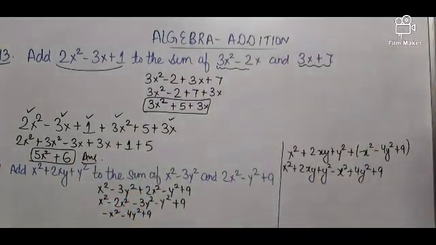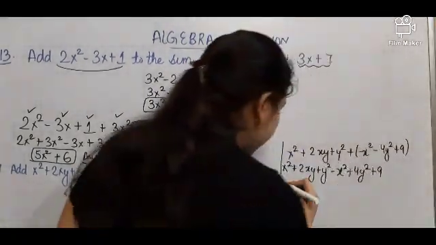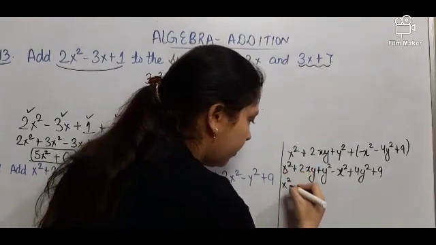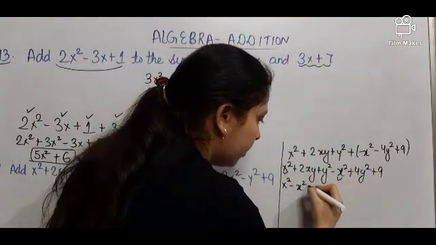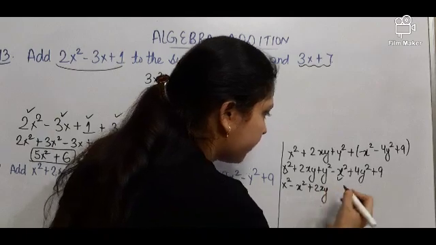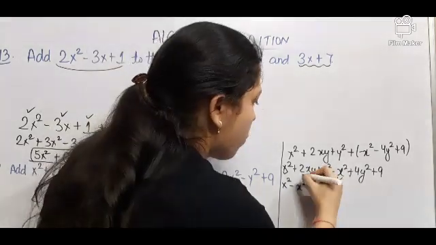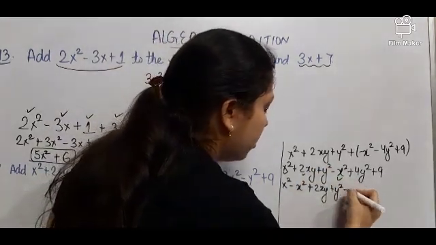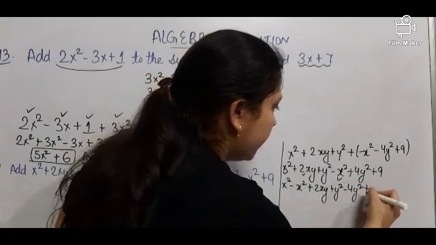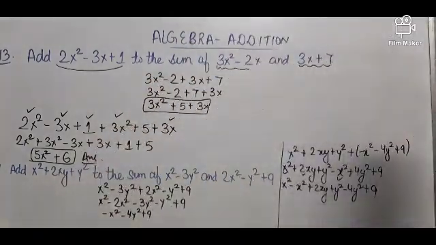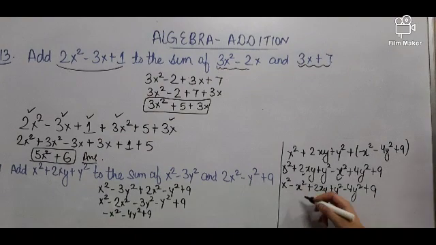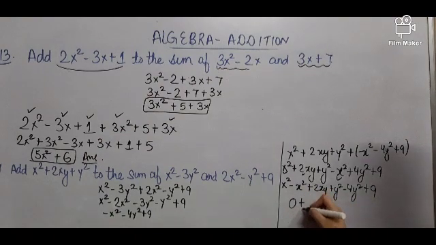Okay, now write all the like terms together. So x square minus x square, then plus 2xy, then plus y square minus 4y square plus 9. So x square minus x square gives you 0, and then 2xy, y square minus 4y square.